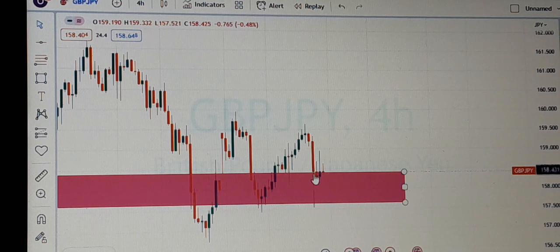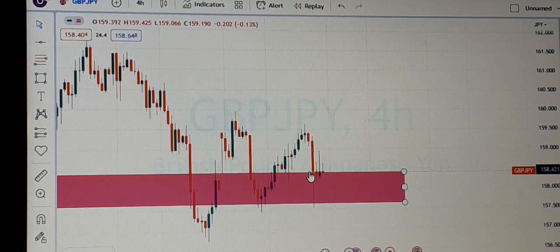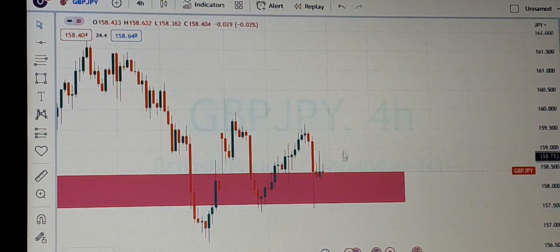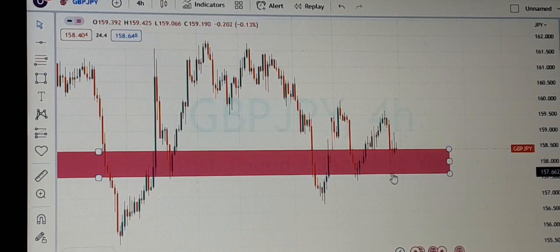This candle filled this area, but the bulls pushed the market away and the candle closed at this level. That is a very good candle operating from that area. To trade this zone, you put your stop loss somewhere here and take the market wherever it takes you.